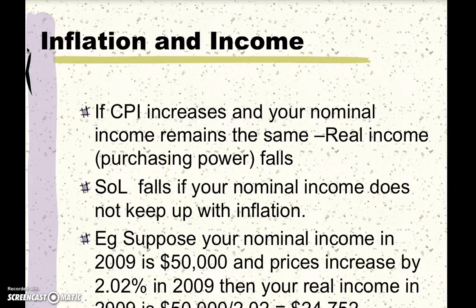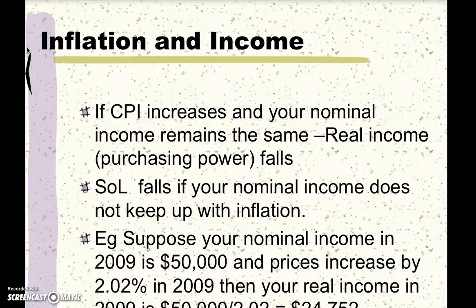So in terms of inflation and income, if the CPI increases, as an example, and your nominal income remains the same, okay, so R is equal to N minus i. N remains the same, i increases. Then obviously, since i is that part that you're subtracting in the equation, and that is increasing, it means that R is going to fall.